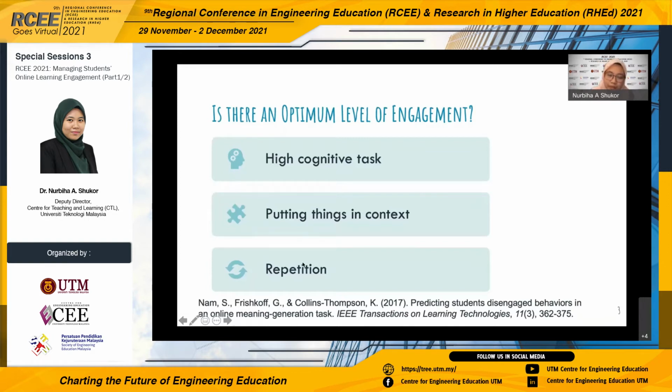And what they found is that students are more engaged if you give them high cognitive tasks. However, when you give all the way high cognitive tasks, these students become less engaged.